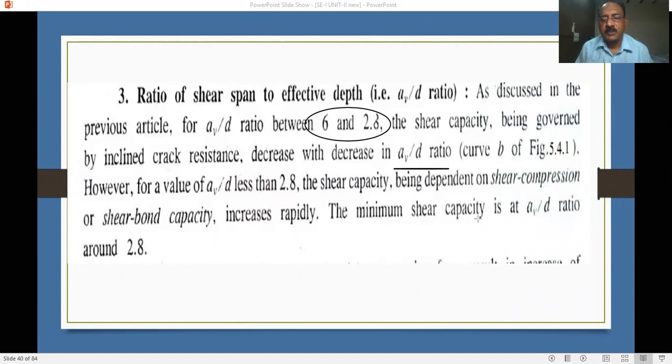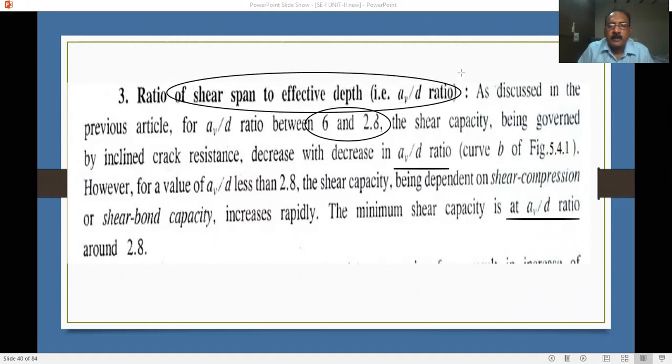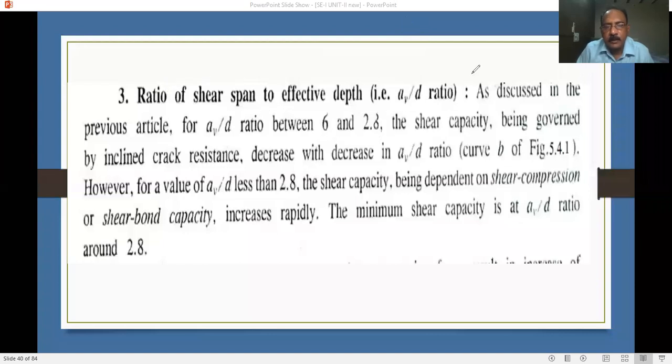The minimum shear ratio is around 2.58 to 2.8. This ratio should be minimum, 2.58. Then the shear resistance will be more.